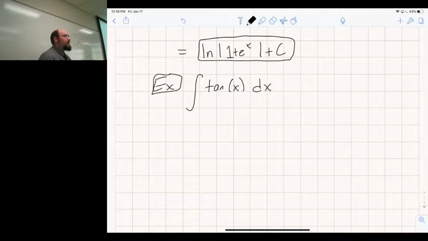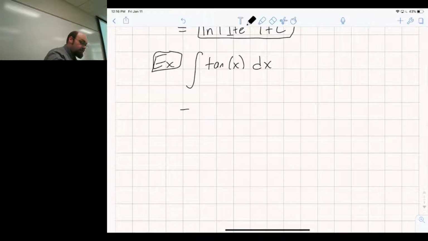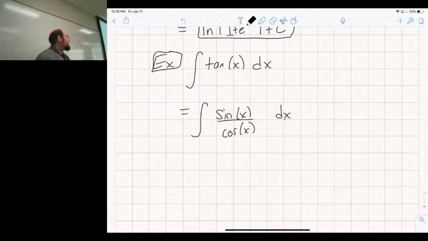So where the heck does that come from, right? It's not one that's obvious. So if we rewrote tangent as sine of x over cosine of x, if I take the derivative of one of those, I get the other. So if I take the derivative of sine, I get cosine, but the problem is cosine's in the denominator.